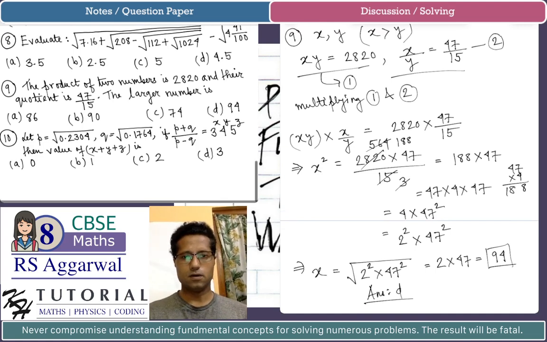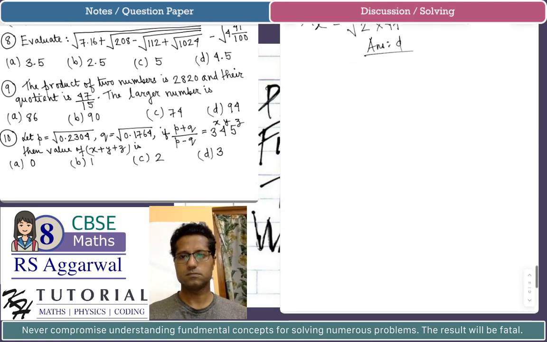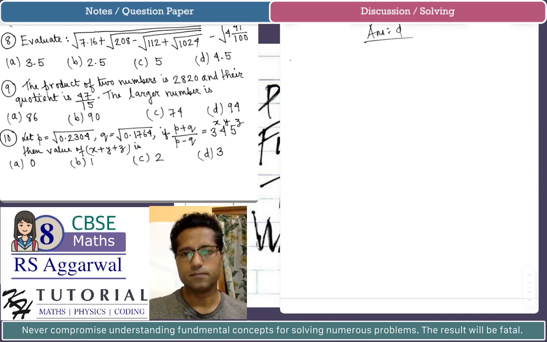Let's do the last problem. Question number 10. What is given?